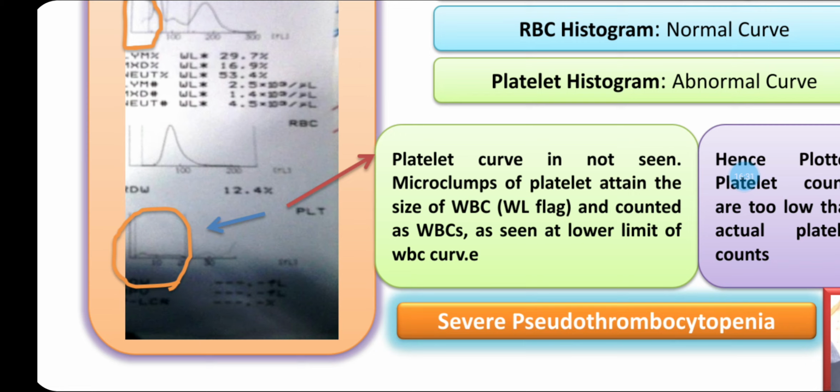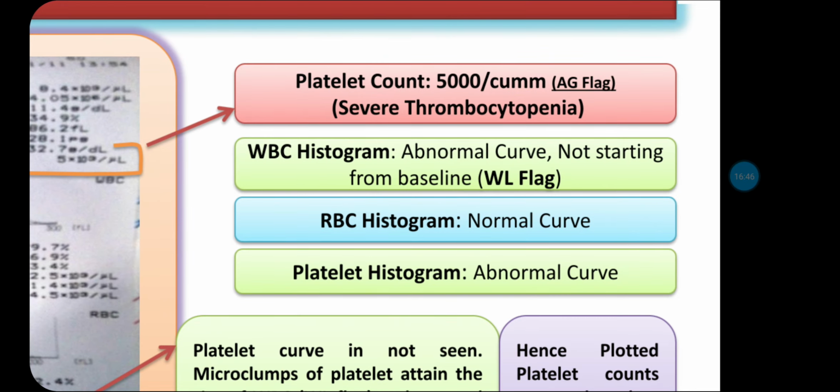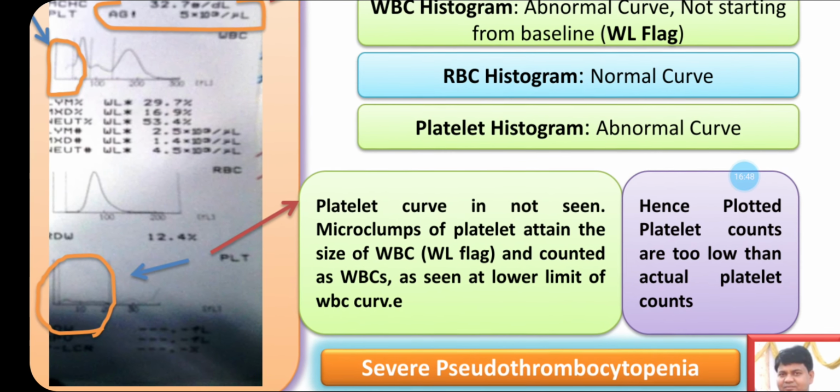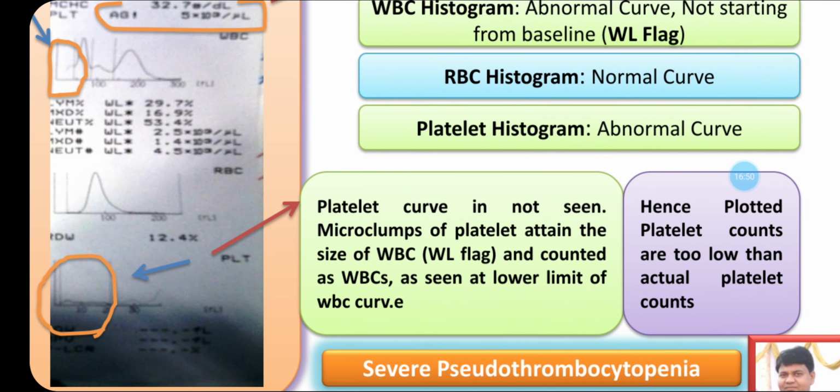But we have to appreciate whether these counts are actually low or there is a pseudo thrombocytopenia. The curve is showing that there are no platelets, and it is plotted as 5000. On the other hand, the WBC curve suggests the presence of micro clumps, and the platelet curve is basically suppressed, and the micro clumps of platelets attain the size of the WBC.